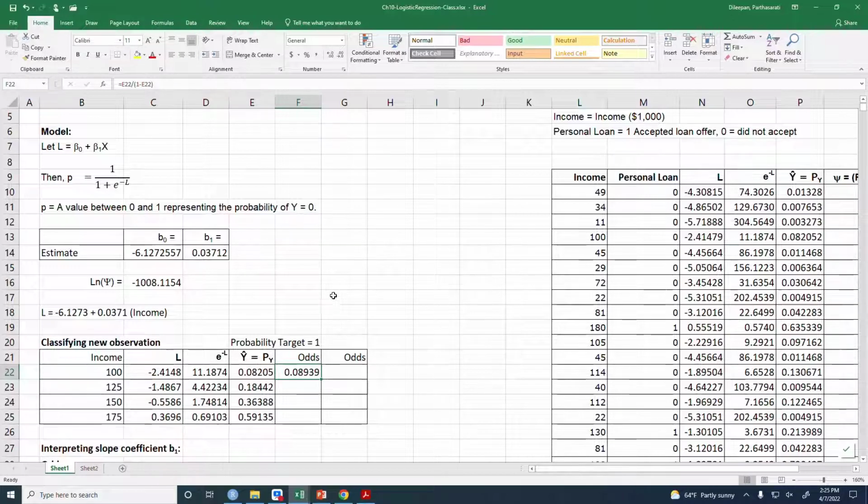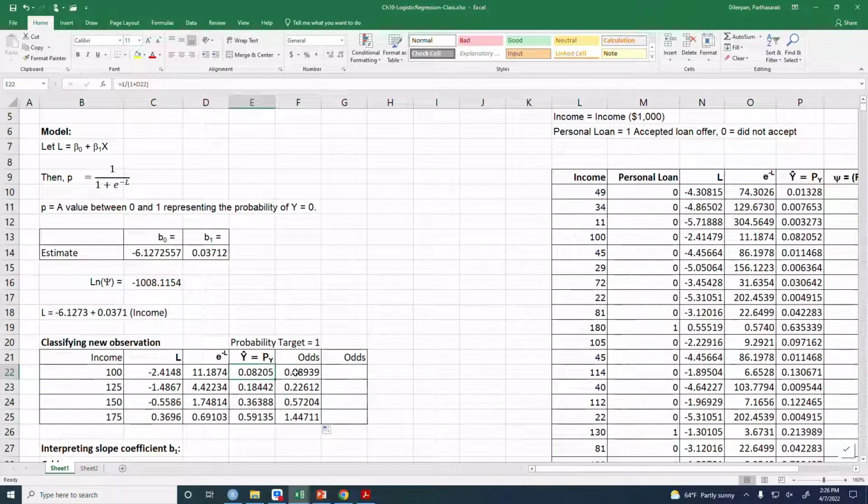Usually odds are expressed as a number greater than 1. So here, if you do 1 over this, then the odds of 0 will be a larger number. But these are all odds for y equal to 1, target equal to 1.